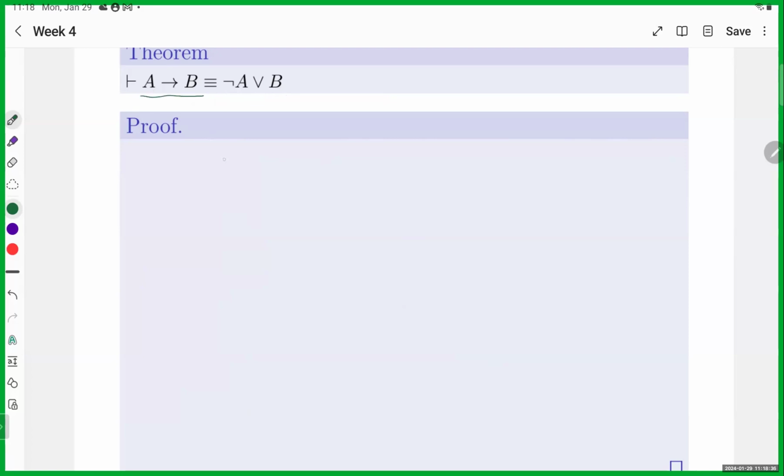Let's start with A implies B. I have only one axiom that concerns the implication, and that's called the axiom of introduction of implication. So far we haven't proved anything, so this is our only hope to be able to achieve something. And I know that by that axiom, this is equivalent to A or B is equivalent to B.